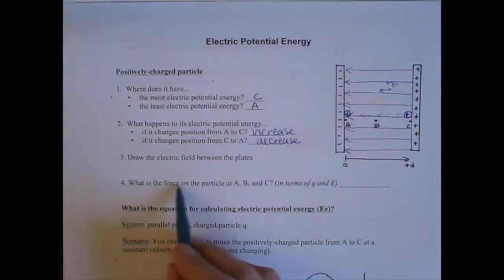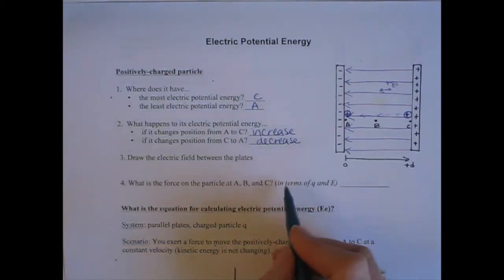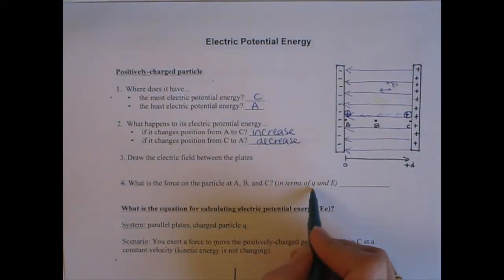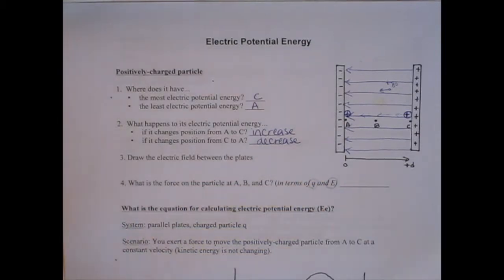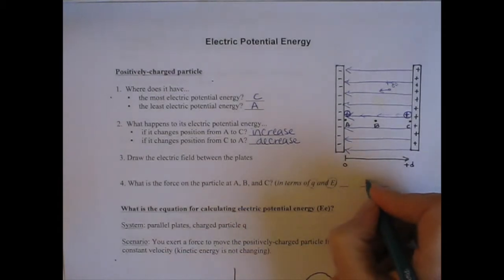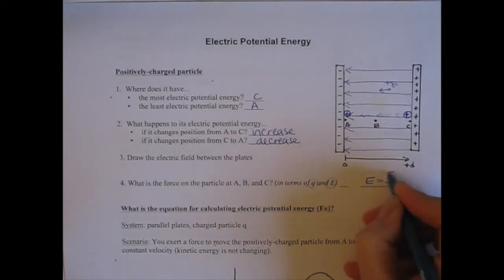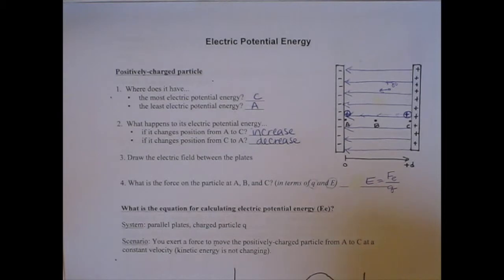Okay, 4. What is the force on the particle at A, B, and C? And I want the force in terms of the charge of the particle and the value of the electric field. We learned already that the definition of the electric field is the ratio of the electric force divided by the charge of the particle.